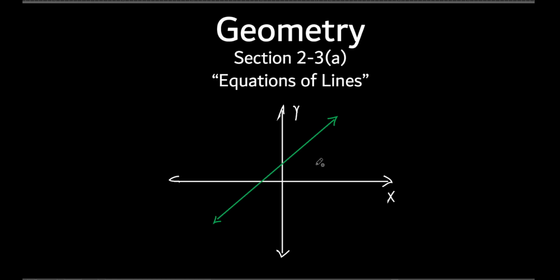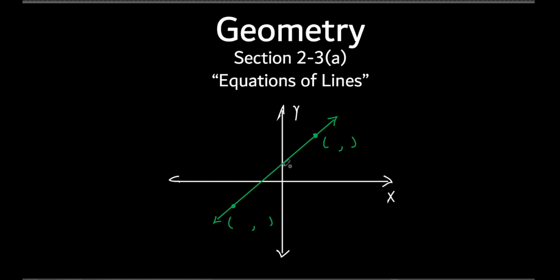But there's a couple things that are really important. We're going to talk a little bit more about this tomorrow. One of the things that's really important is what points it actually goes through. If I knew that this line went through this point, and I knew what that point was right there, that's one unique point, isn't it?